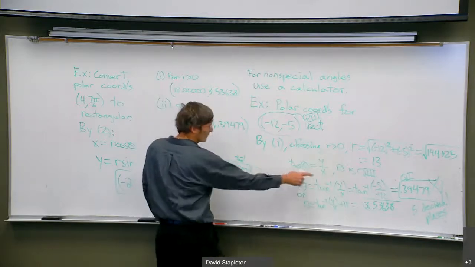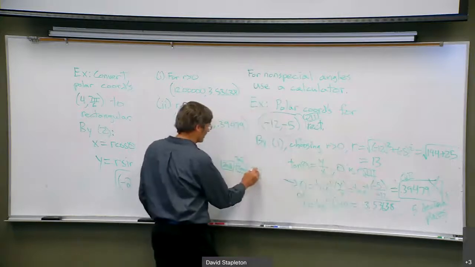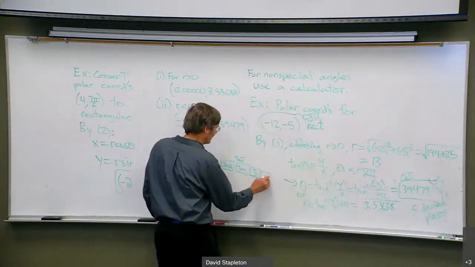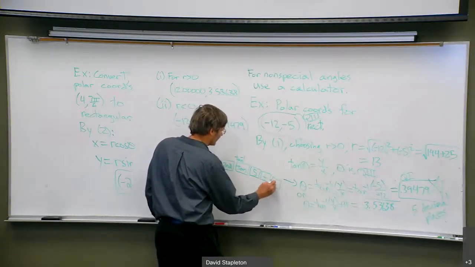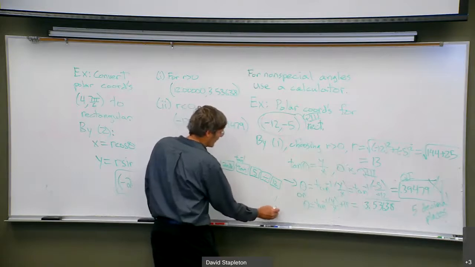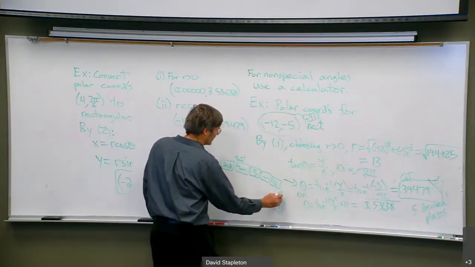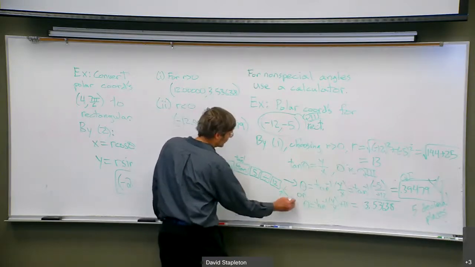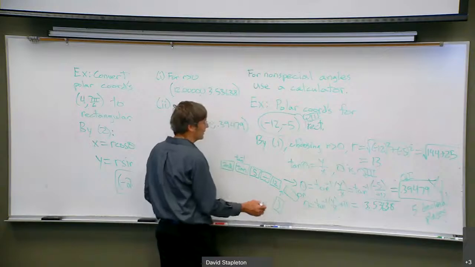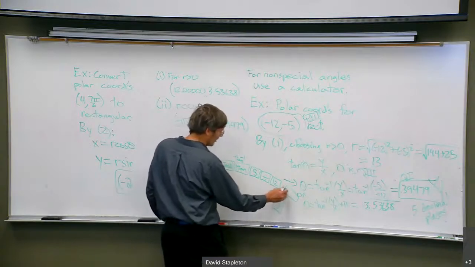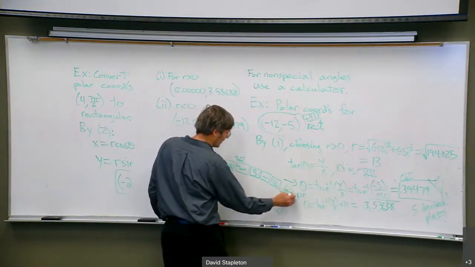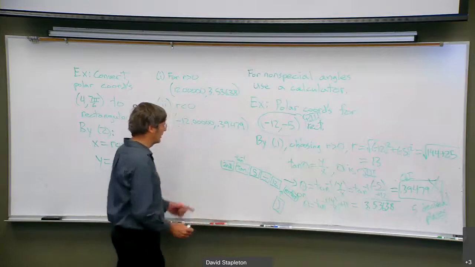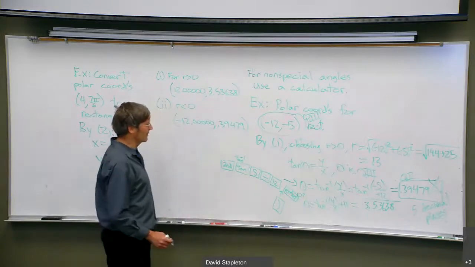Since the minuses are going to cancel anyway, just put 5 divided by 12 instead of minus 5 divided by minus 12. If your calculator doesn't close parentheses, you might want to put a parenthesis in here. Some calculators you'll need the parenthesis. And we'll put enter. And that's it. Arc tangent 5 divided by 12 gets you that one.